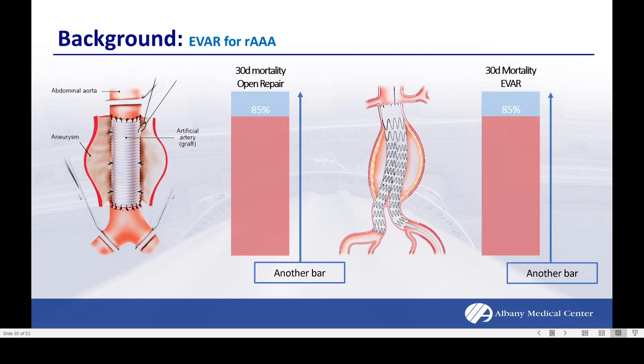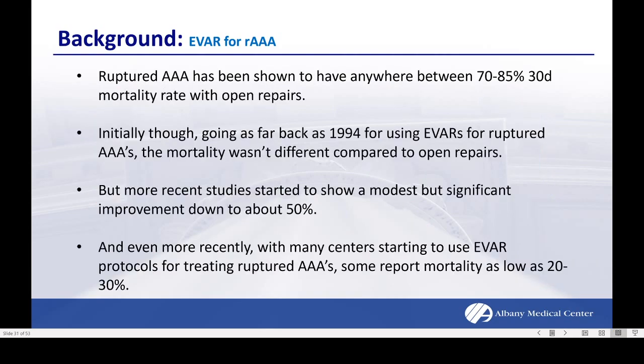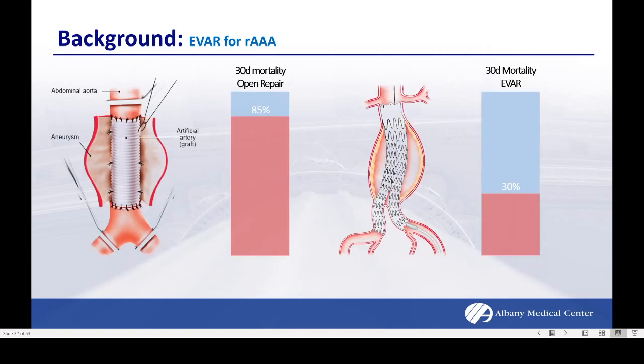And then I give the illusion of the percentage bar disappearing or shrinking by using wiping down. So by using some boxes and some wiping animations, I turned a slide that could have looked like this, which ultimately is just talking about mortality for open and EVAR, into something that looks like this.